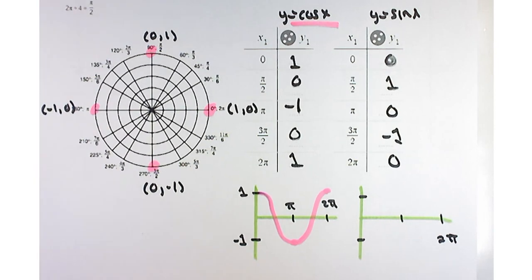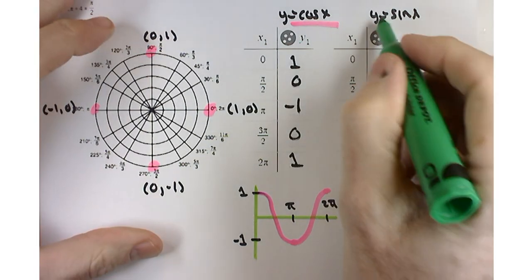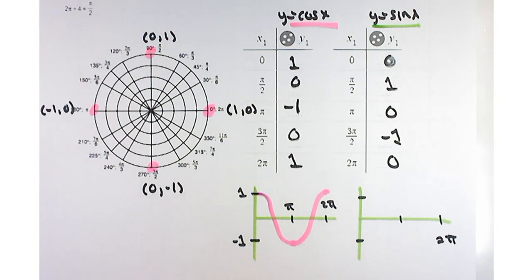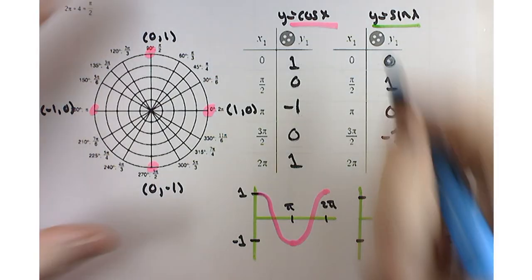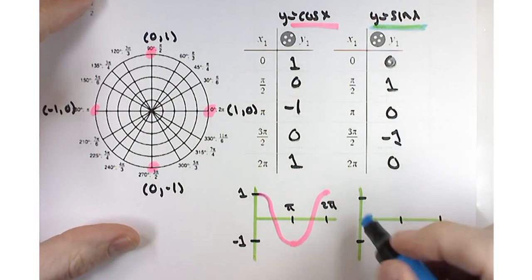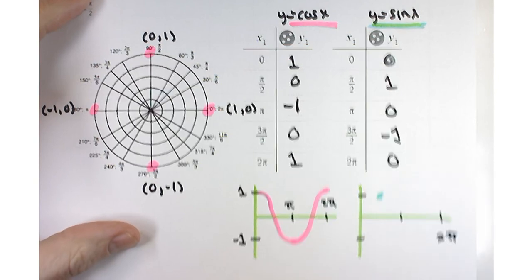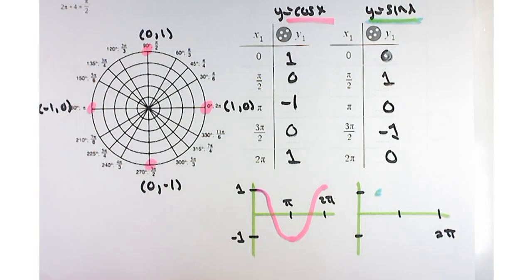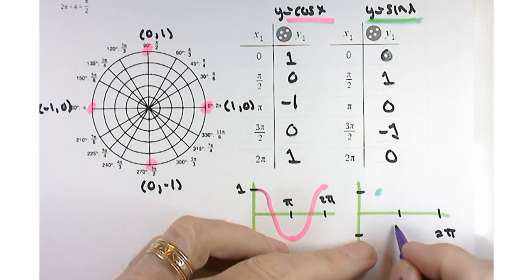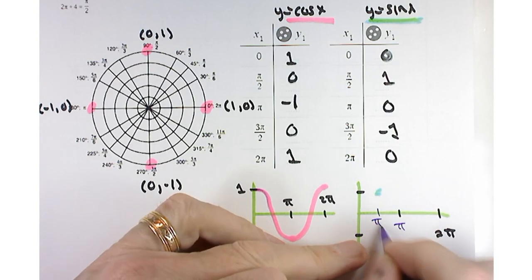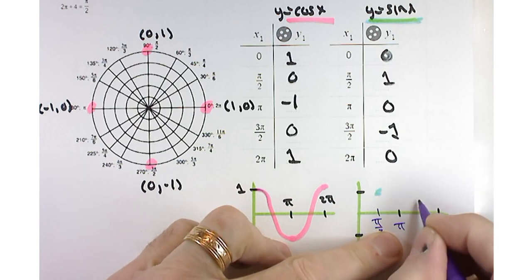With the graph of the sine function, you're actually going to start at 0. You're starting at 0, 0. So yeah, I think I should have chosen maybe blue here. Let's do blue. You're going to start at 0, 0, and then it's going to build to a height of 1 when you get to pi over 2. So this is pi over 2. That's going to be 3 pi over 2.